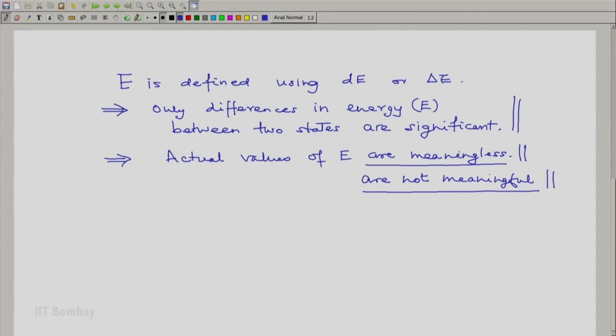We will always be using differences in energy or differentials of energy.